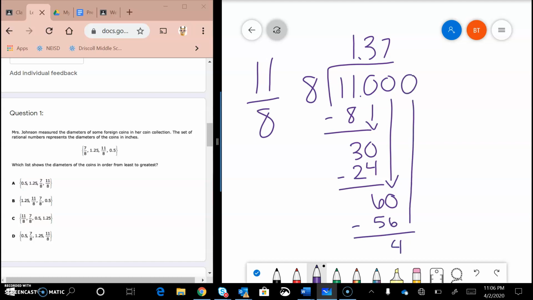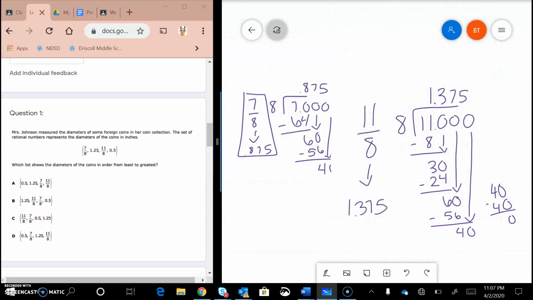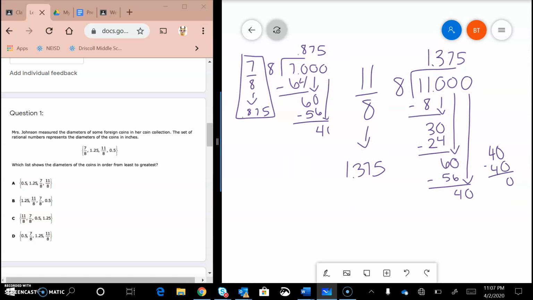One more time, I've got to add a 0 and bring it down. 8 can go into 40 5 times, and 40 minus 40, we finally end with 0. So we can stop there. So 11/8 converts to 1.375.